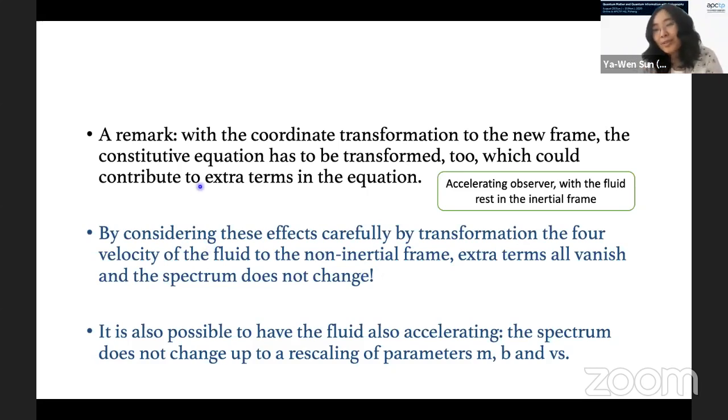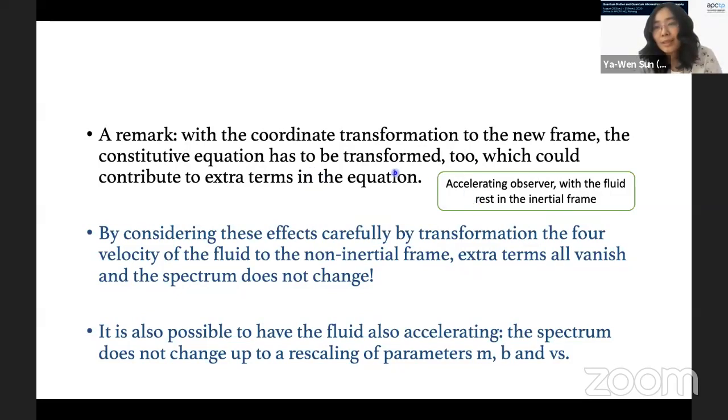And there's also a remark here. With the coordinate transformation to this new frame, the conservation equation changed because of the coupling to H^{μν}, but the constitutive equation also has to change.